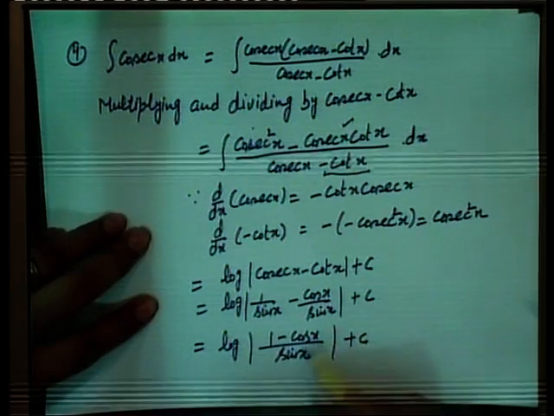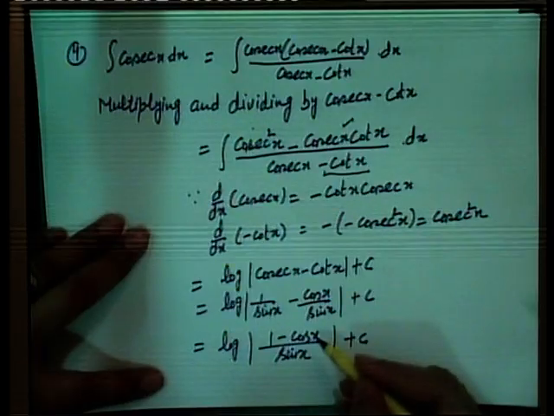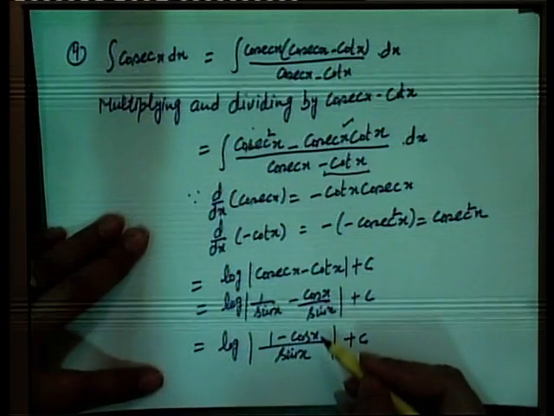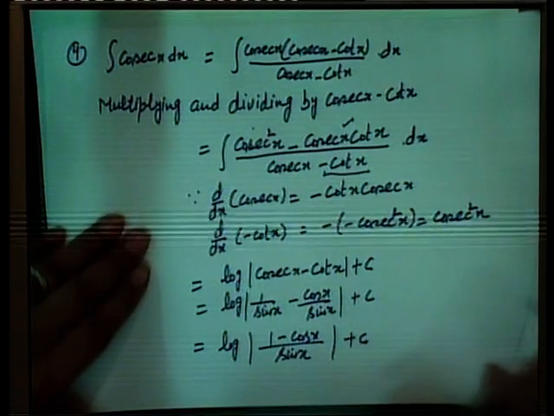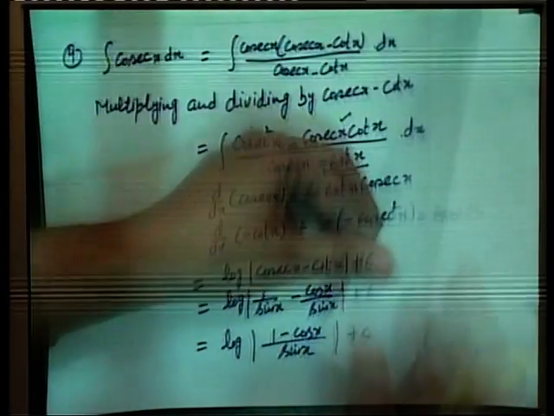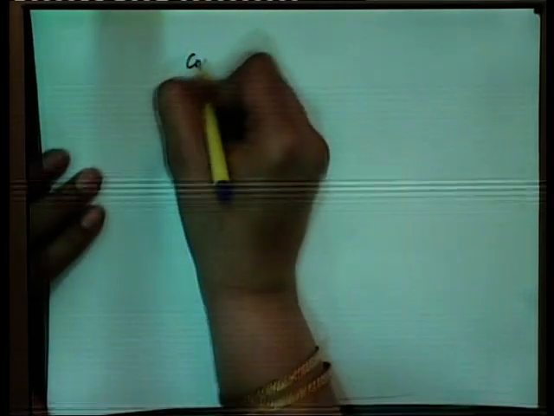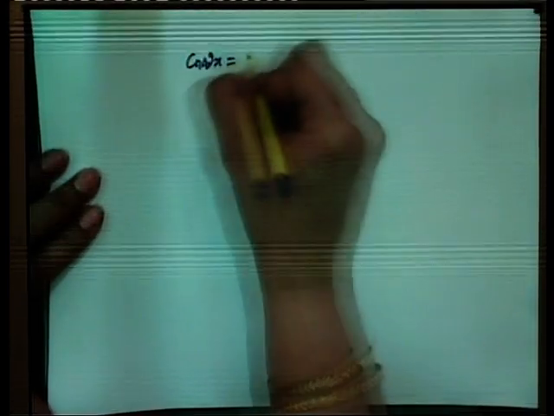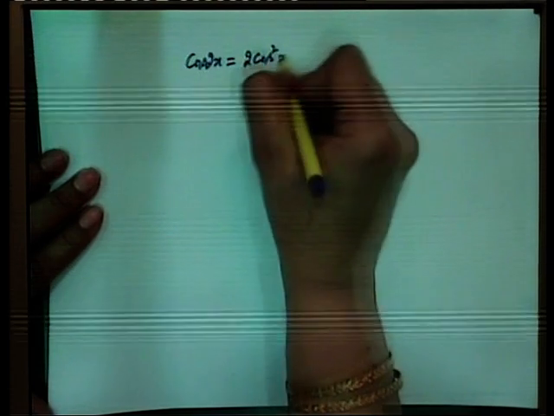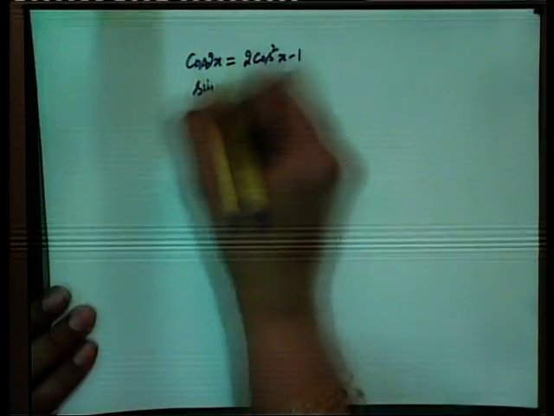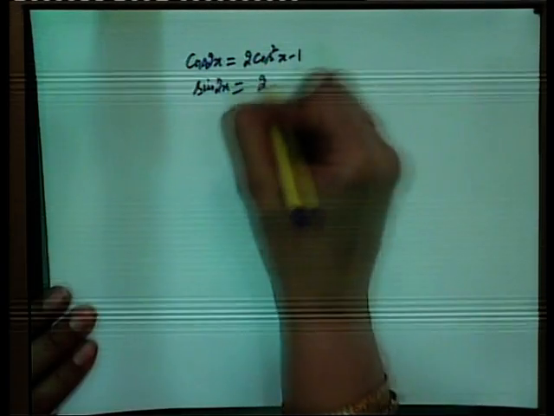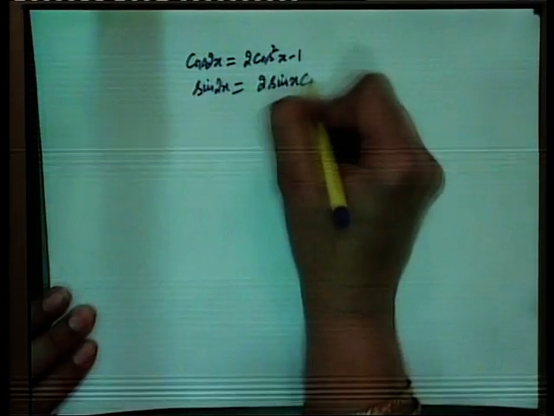Now, we have studied two results, one of cos 2x and one of sin 2x. The results that we are going to use here are cos 2x as 2 cos square x minus 1, and sin 2x we know is 2 sin x cos x.